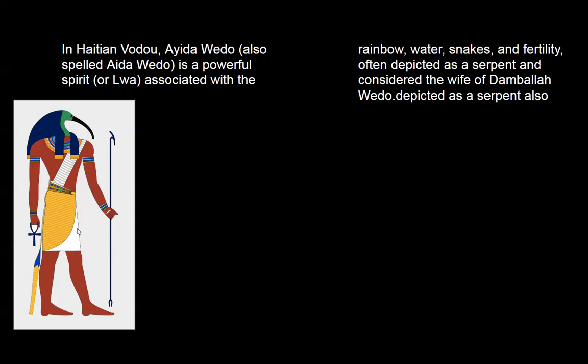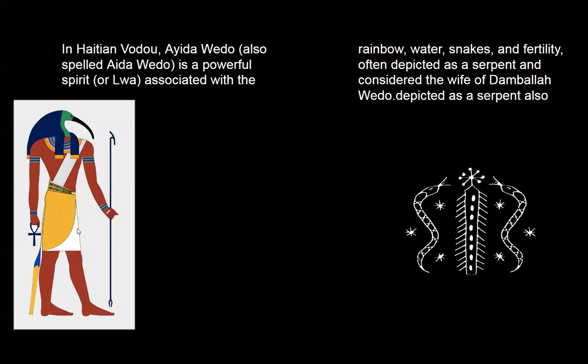In Haitian voodoo, we have sigils, or commonly called images, that we use to help invoke the frequency or energy. This is the sigil for Aida Wedo and Dambala Wedo. You see it as two serpents, and note that there are also stars around.